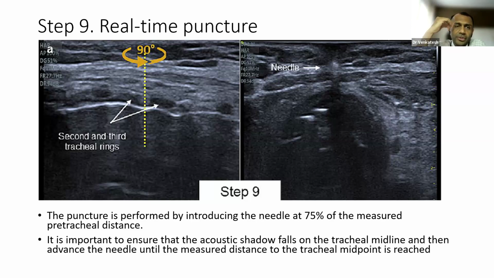Between the first and second cartilage you stop, or between the second and third cartilage you stop. That is the ideal position for the puncture. And you start entering with your needle. I'll show you the position. Try to go not beyond 75% of the measured pretracheal distance. Initially 75%. Then don't go beyond the midpoint distance, which you have already measured.